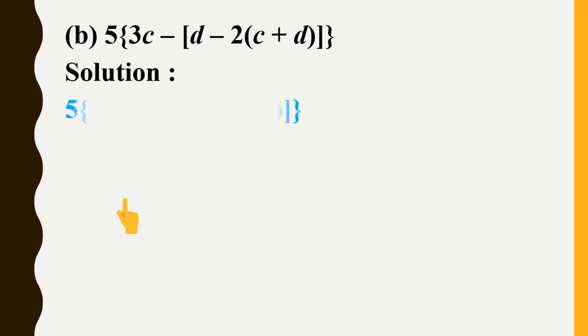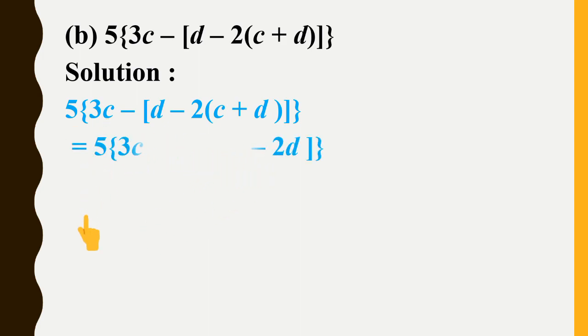So solution, first of all we write this statement as it is. Then in the next step, 5{3c - [d as it is. Now to remove this bracket we multiply -2 by c and d. -2 multiplied by c is -2c, and -2 multiplied by d is -2d.